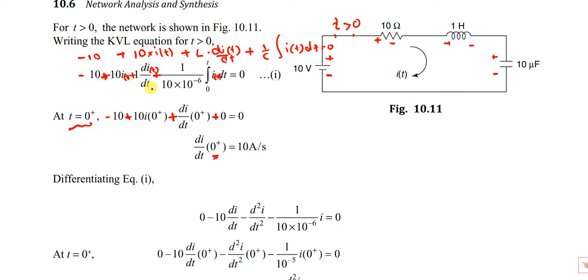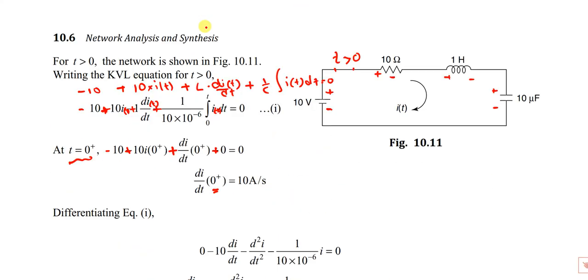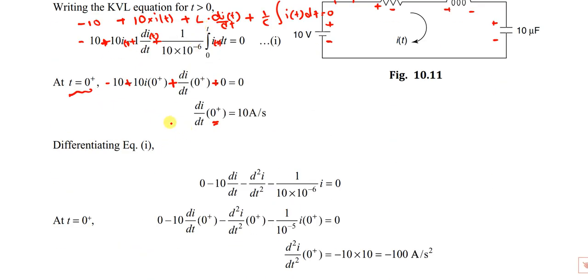What is the I of 0 plus value? I of 0 plus value is 0. So minus 10 plus 10 into 0 plus di by dt at 0 plus, and this is the voltage across the capacitor.